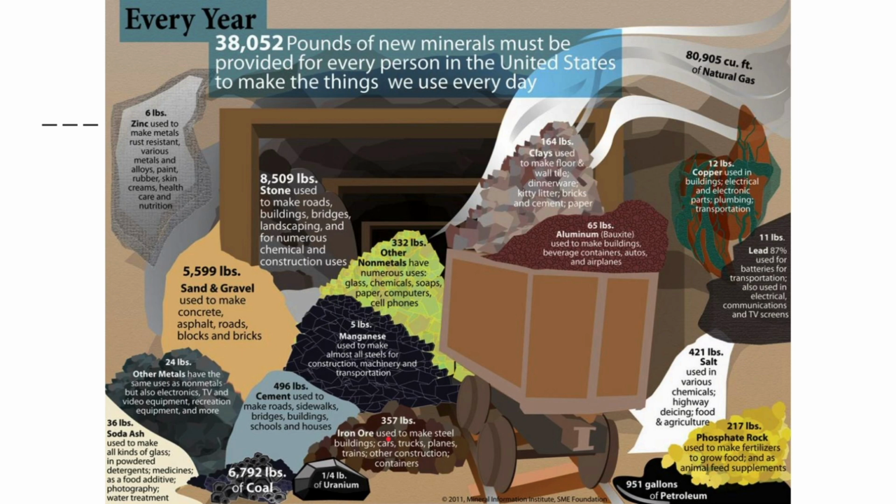You can even think about how much coal is being used, other metals, things you don't think about like aluminum, how much is going into buildings, cans that we drink out of, cars, airplanes, phosphate rocks. These are used for growing food because we use phosphate in fertilizers. So there are a lot of elements and minerals and earth materials going into the things that we use and consume every day.